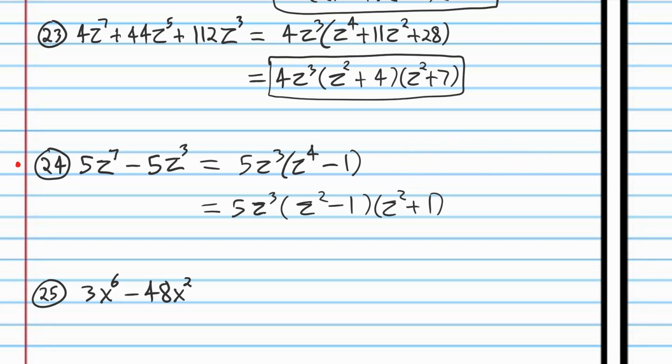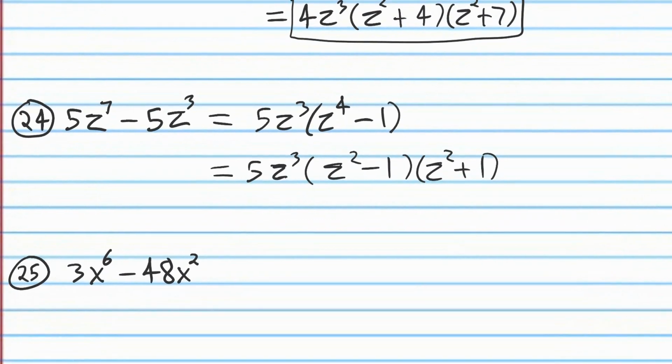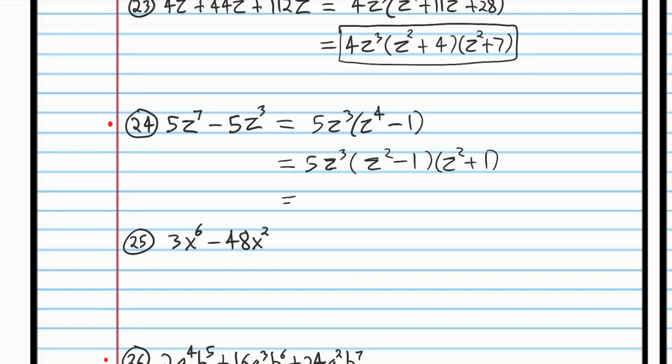So at this point, we have to keep going because we have a difference of two squares. Obviously, this one is not the difference of two squares because it's addition, but here we have subtraction, and we also have perfect squares.